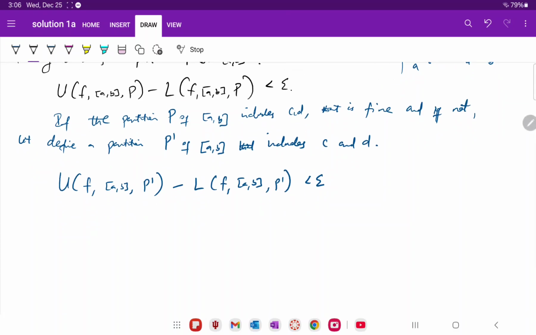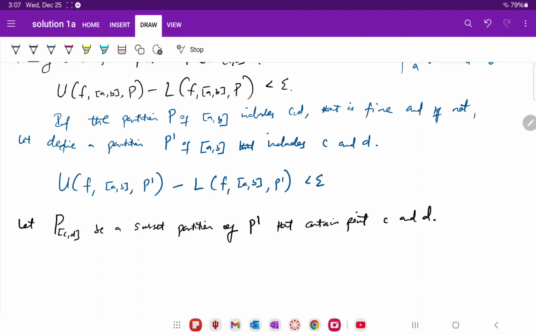So now let P of c, d be a partition, a subset of P prime, that contains points c and d.